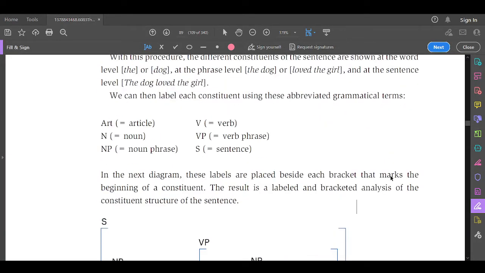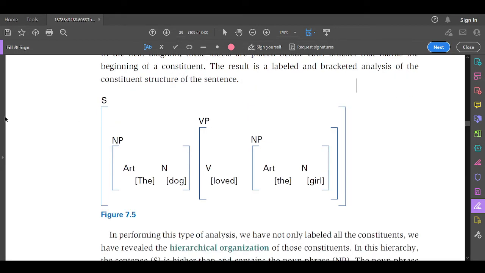You can see here we have some abbreviations: Art for article, N for noun, NP for noun phrase, VP for verb phrase, and S for sentence. Sentence, that's the big picture. We have a noun phrase and a verb phrase. A verb phrase sometimes includes a noun phrase, because that's an object.